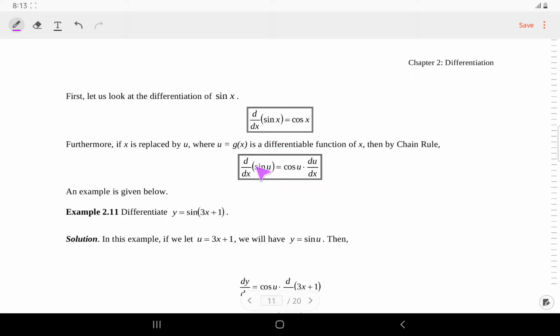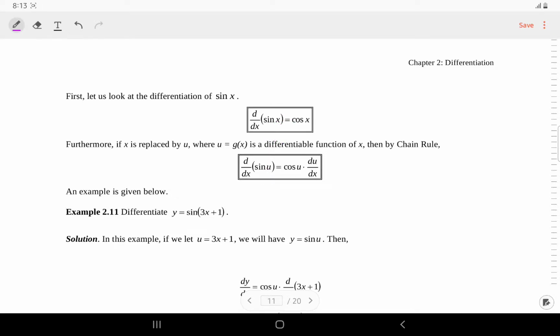So let's say kita ada sign U. So we differentiate this function, it will become cos U, and then you need to multiply with du over dx. So actually this is the way when we apply chain rule to differentiate sine function. Okay, sine yang selain X depan dia.